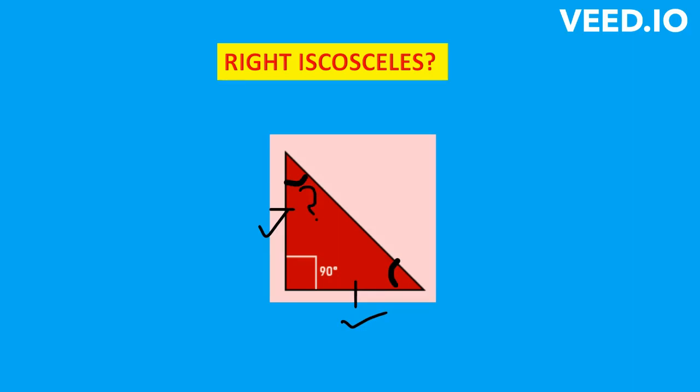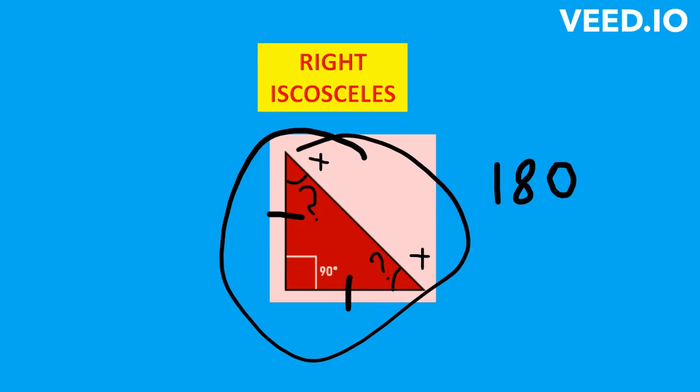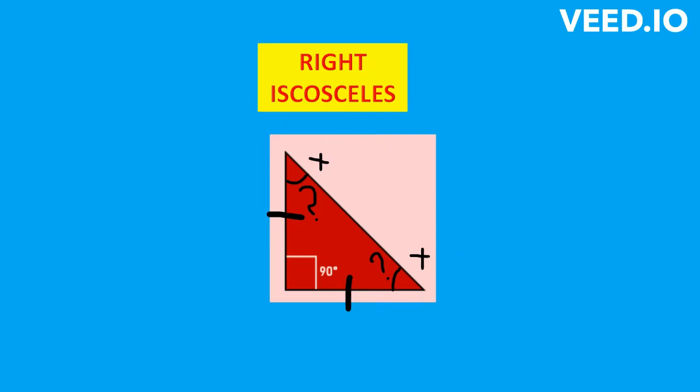Let's imagine each angle's name is x because both are same. So, the sum of all the angles put together makes 180 degrees.